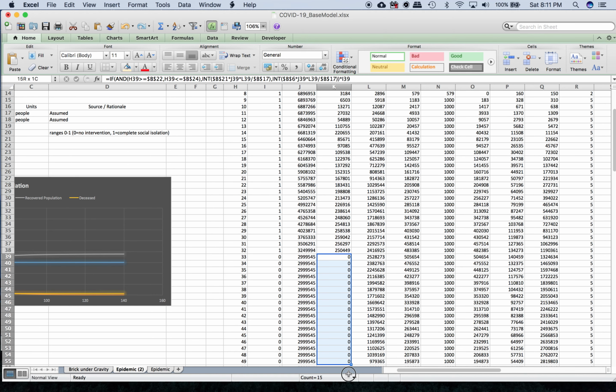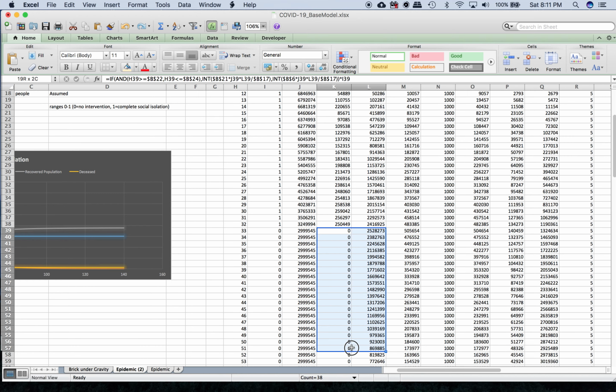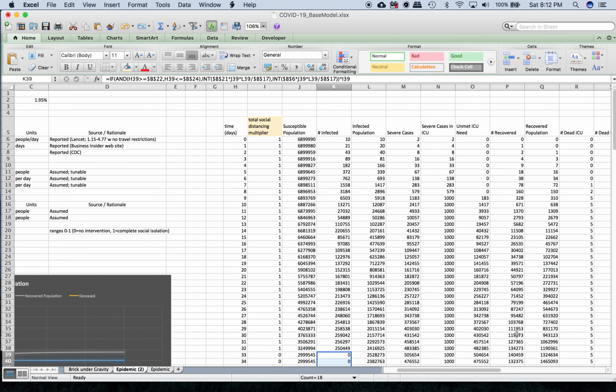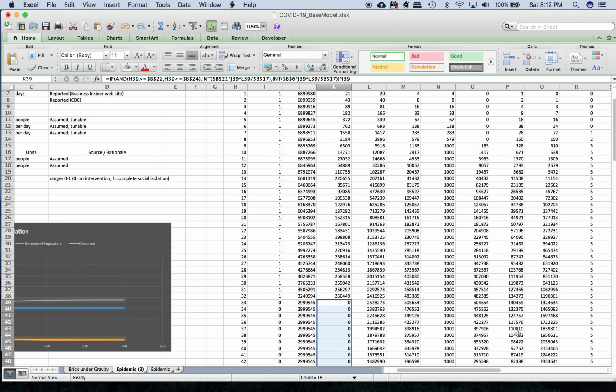So by day 50, everyone should be recovered, and you should see no more change in recovered. So which column is recovered? P and Q. So recovered population, number recovered is P.